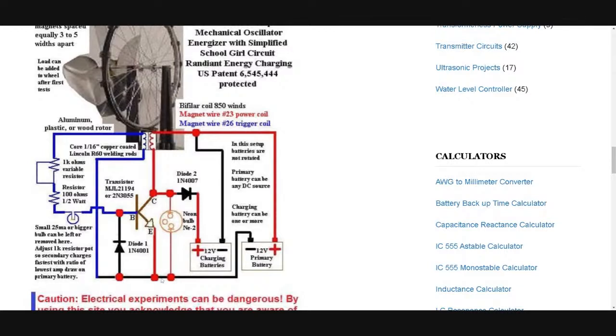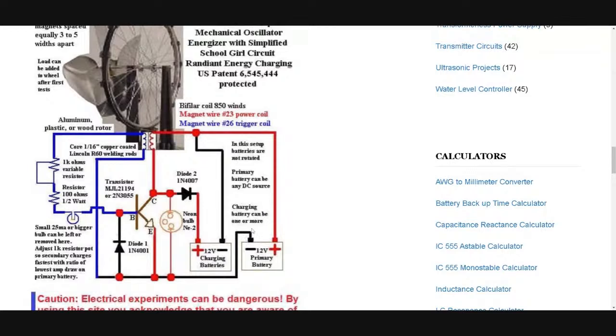At the same time, the 1N4001 here is hitting the base of the transistor, which you can see here.